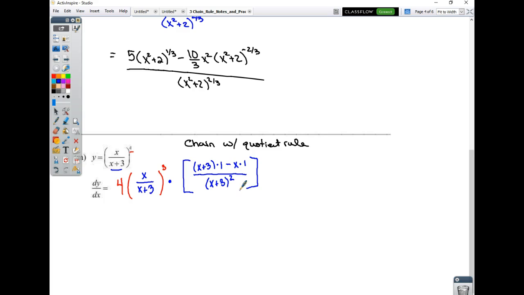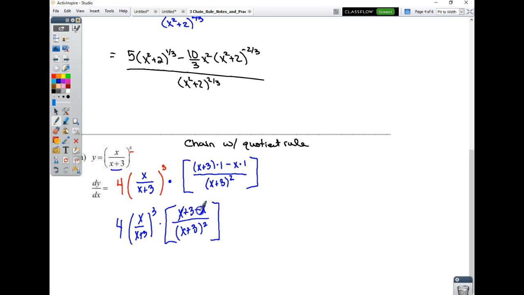Oh no. So what is this? This is 4 times x over x plus 3 cubed times x plus 3 minus x over x plus 3 squared.